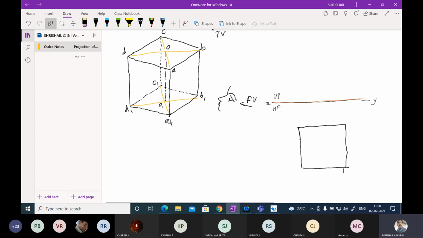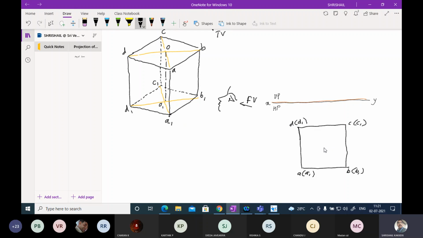Here I am going to write A, B, C, D. From the top, A will be visible, so A in bracket A1. Similarly B in bracket B1, not dash, C in bracket C1, and D in bracket D1.